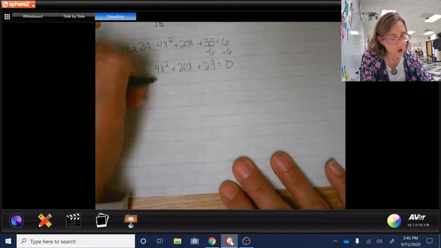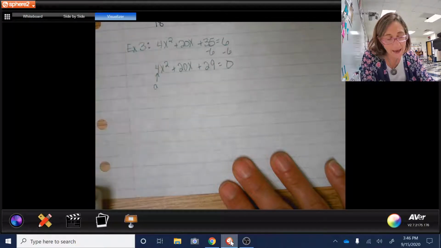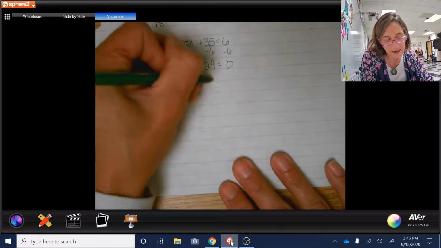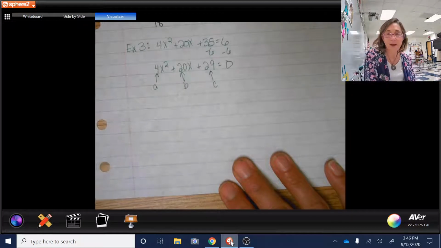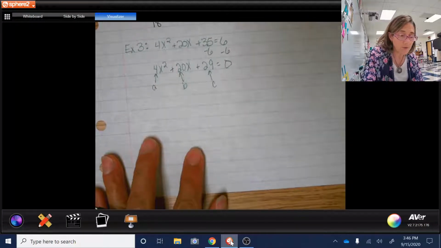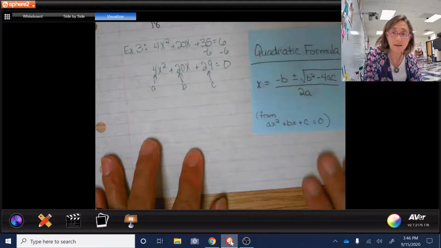So let's identify, here's my a, it's the 4. Here's my b, it's the 20. Here's my c, it's my 29. So we need to fill those into the formula here. Let me move this down so we can see it.